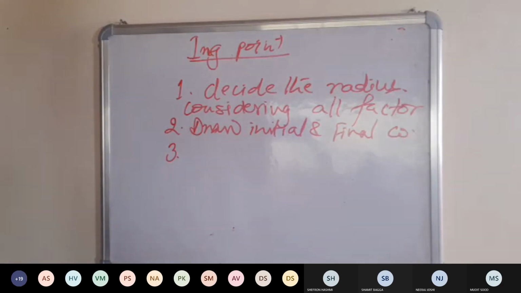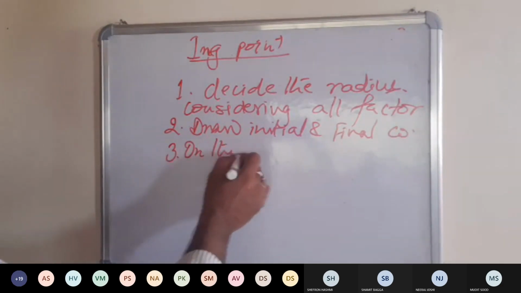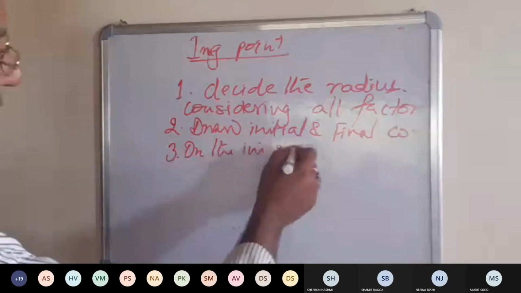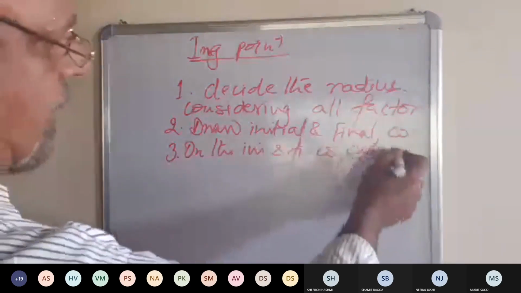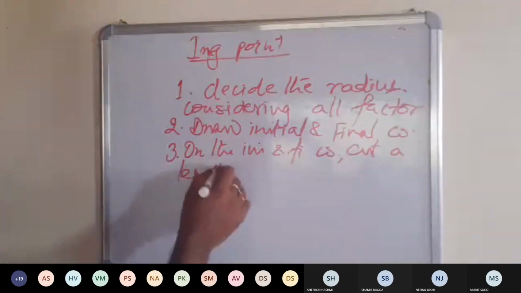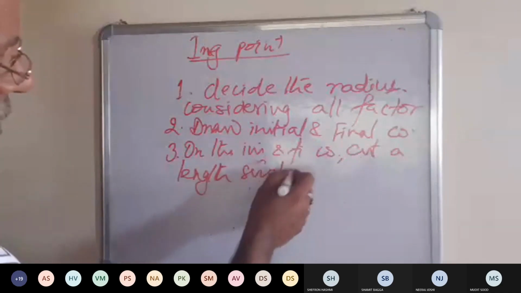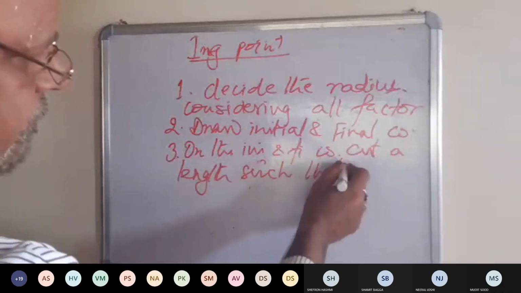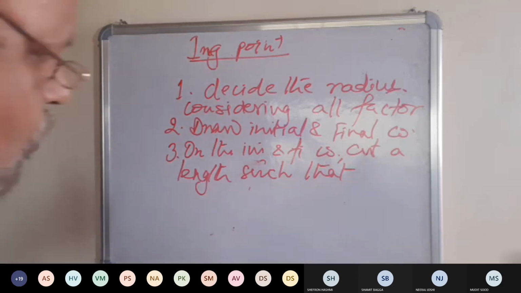Number 3, what we did on the initial and final course, cut a length such that you can have any name, A, B, B, C, P, Q, R, M, N, O, whatever.